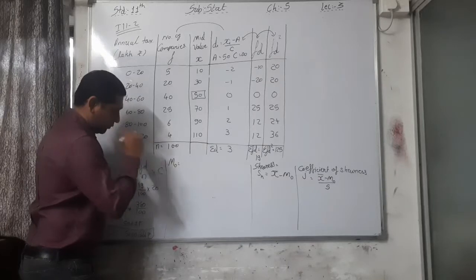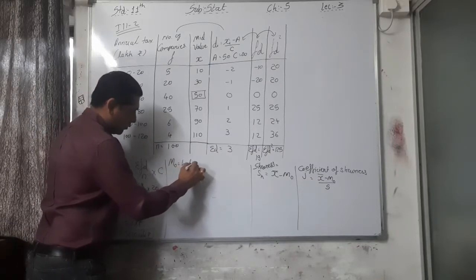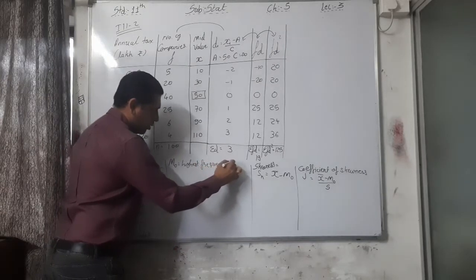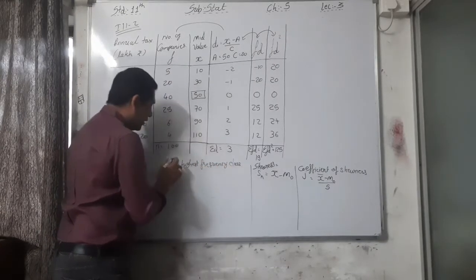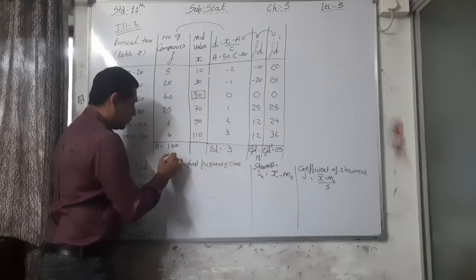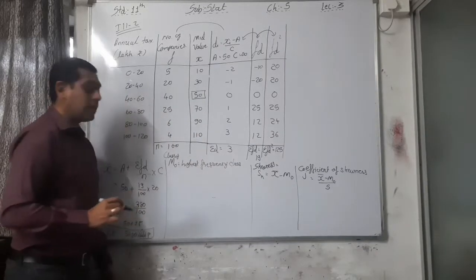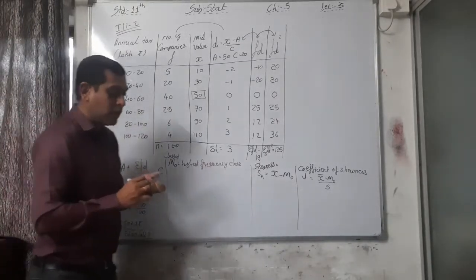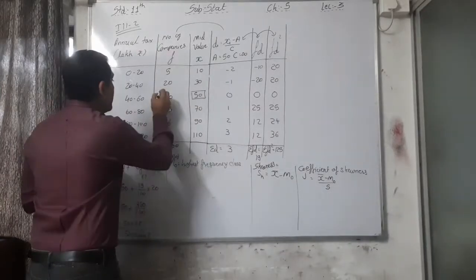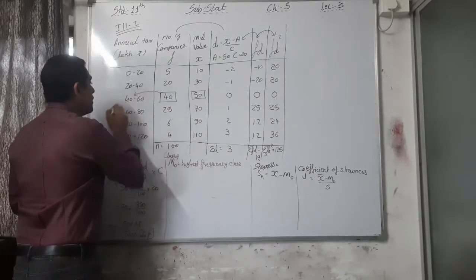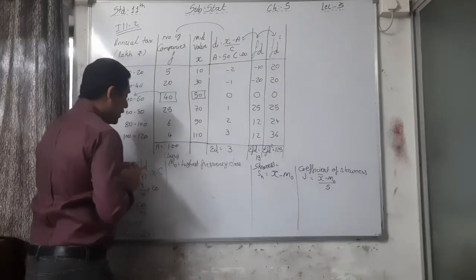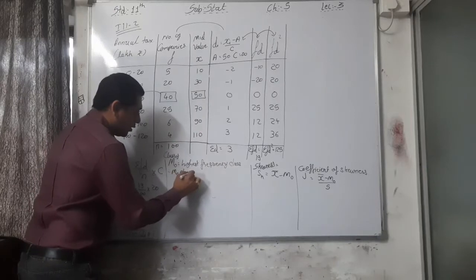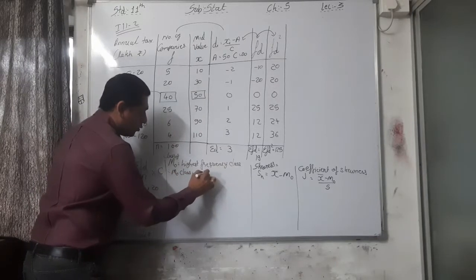Class of mode is equal to the highest frequency class, and the corresponding highest frequency class is here, 40 to 60. Therefore, mode class is equal to 40 to 60.